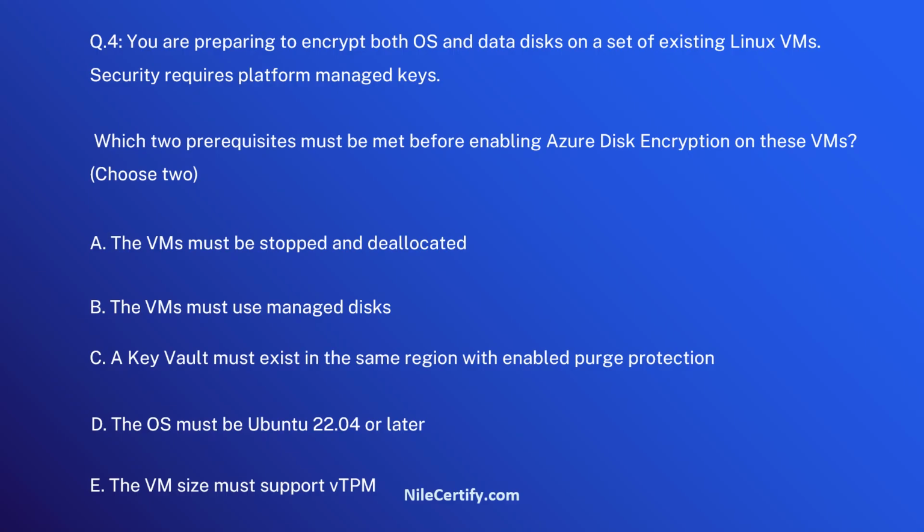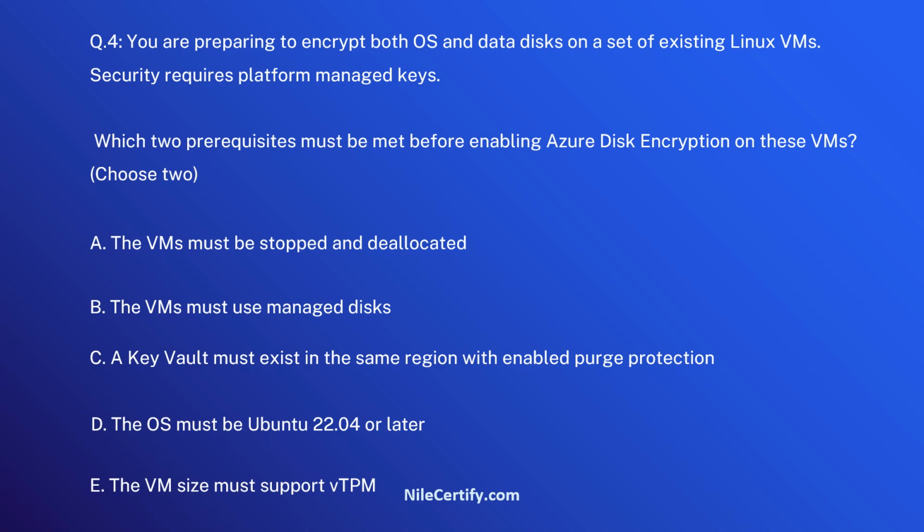Moving to our next question. You are preparing to encrypt both the operating system and data disk on a set of existing Linux VMs. Security requires platform managed keys. Which two prerequisites must be met before enabling Azure Disk Encryption on these VMs? Choose two. A. The VMs must be stopped and deallocated.